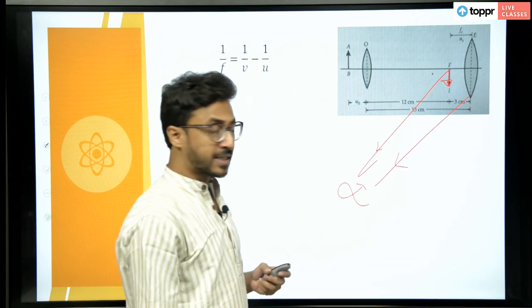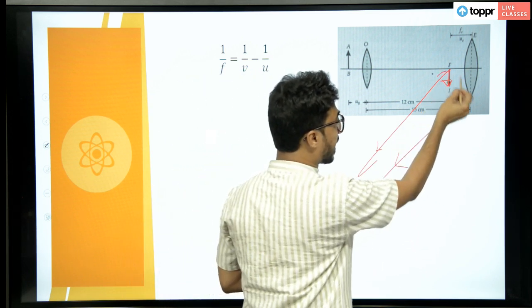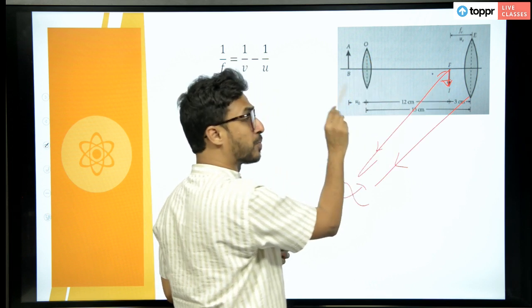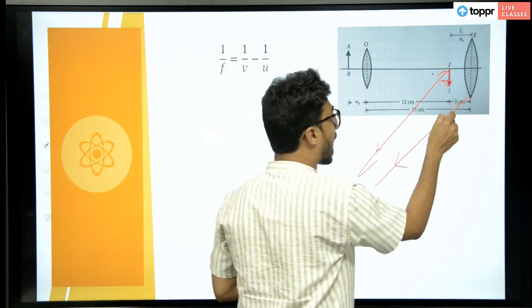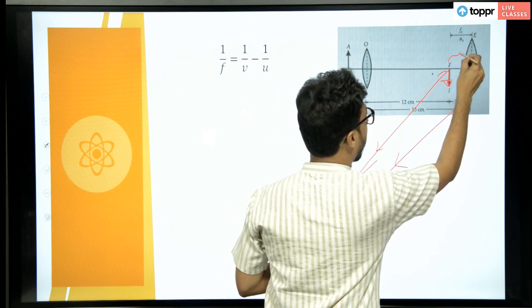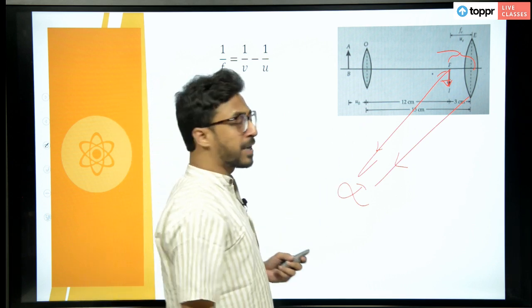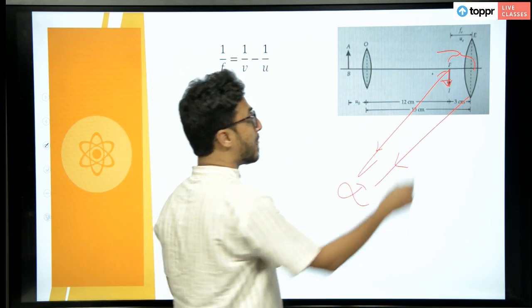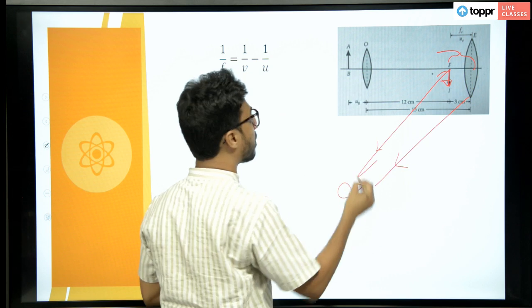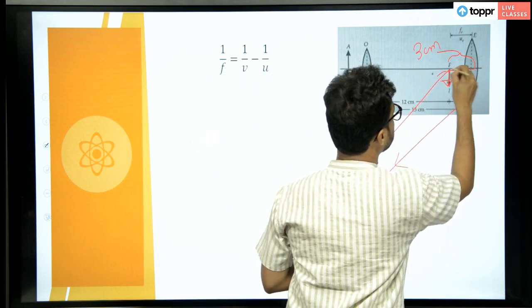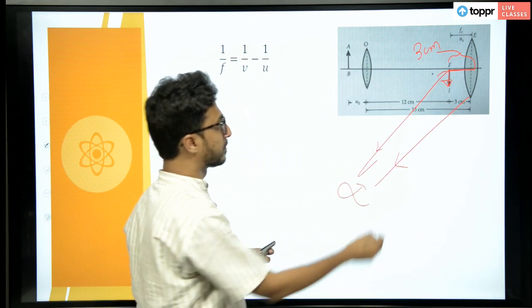When the final image is at infinity, it means that this image from the objective, which is behaving as an object for the eyepiece, is lying just at the focal length of the eyepiece, isn't it? Now this focal length is 3 centimeter. So this distance must be 3 centimeter, right?